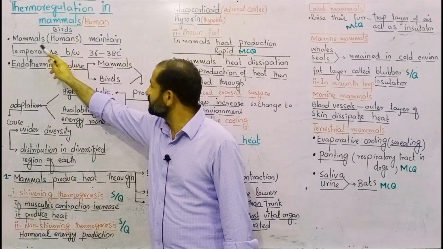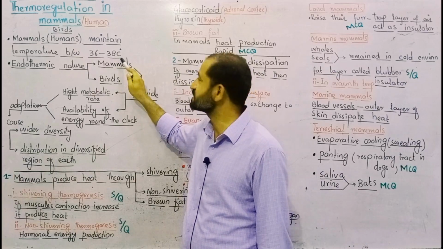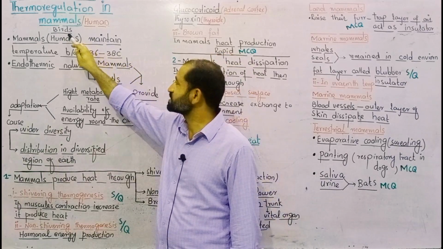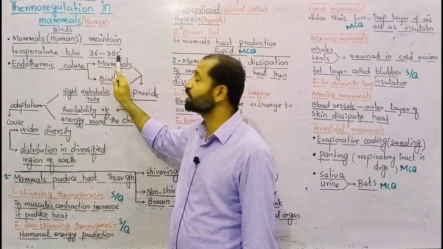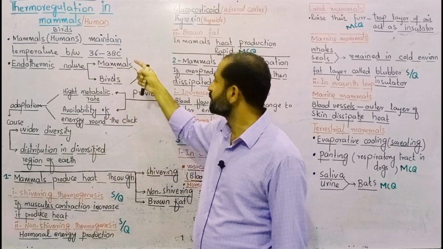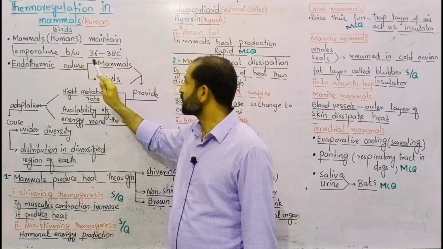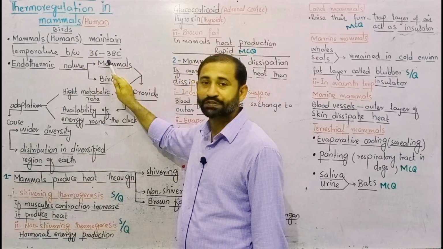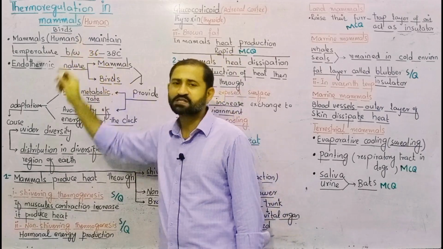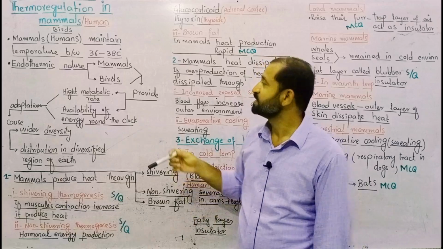In mammals and humans body temperature ranges from 36 to 38 Celsius, whereas in birds it ranges from 38 to 40 Celsius. So there are two different temperature ranges in the case of humans and birds. In humans it is 36 to 38, whereas in birds it is 38 or 39 to 40 or 41 Celsius.